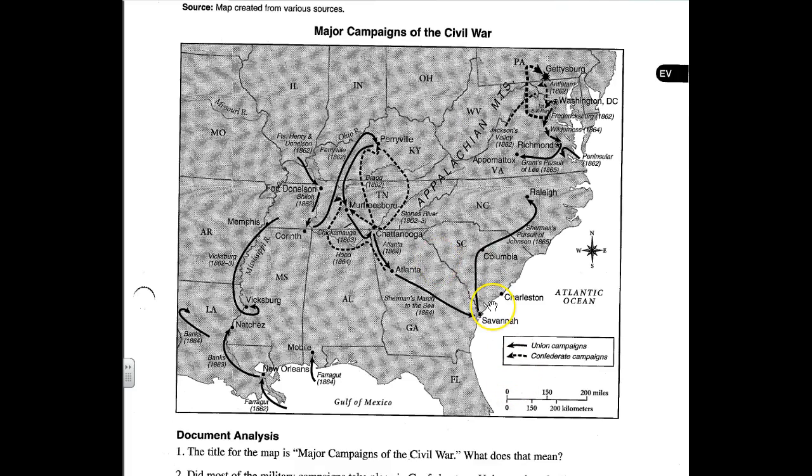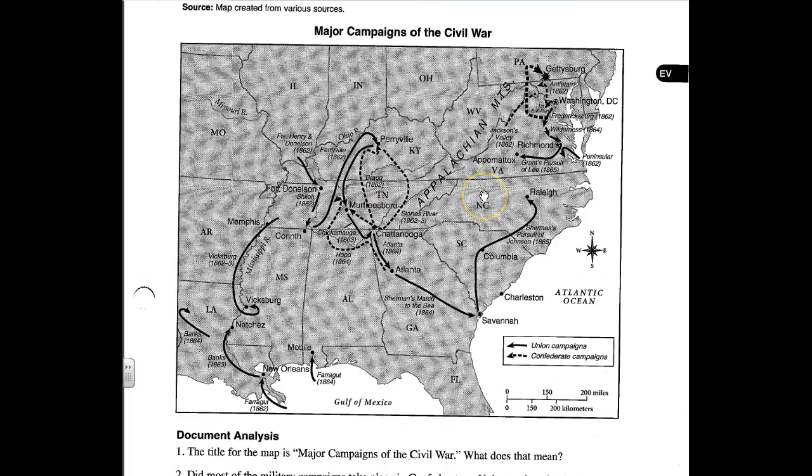A couple of other items to consider here with respect to document A: there were two basic theaters of war. The Virginia Theater, located here, and the Western Theater, which would be located in this area, the territories west of the Appalachian Mountains. In 1864, a third major theater was created when Union General William Tecumseh Sherman cut his devastating swath through the state of Georgia.